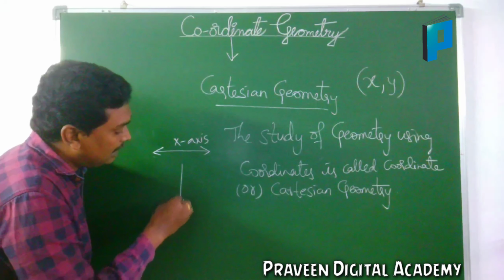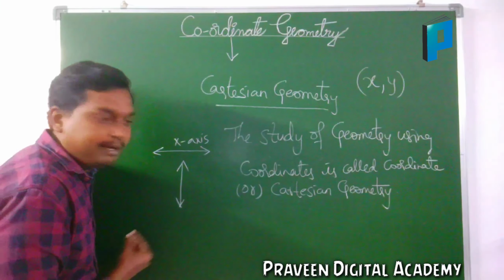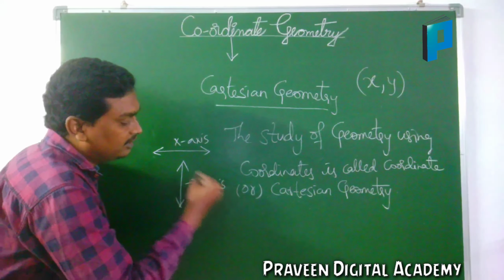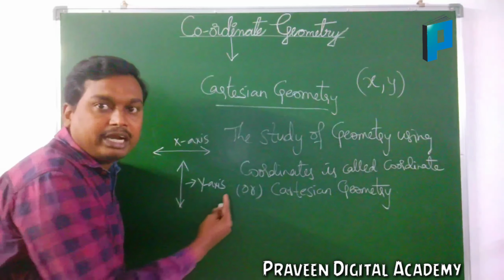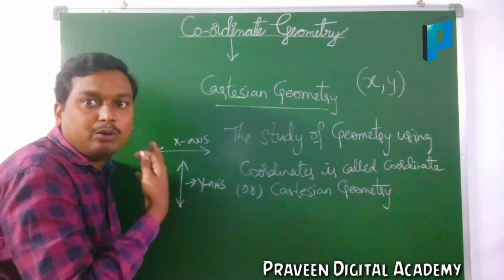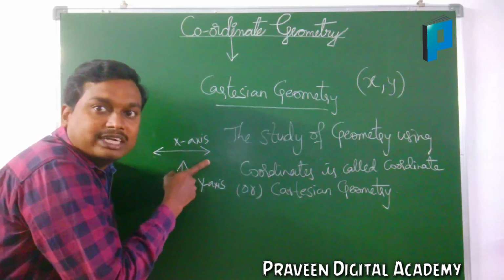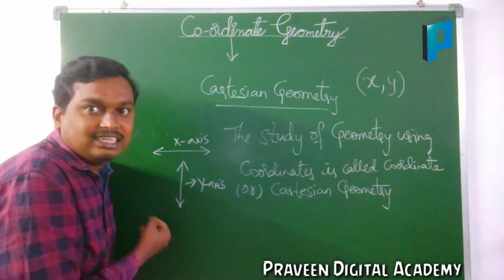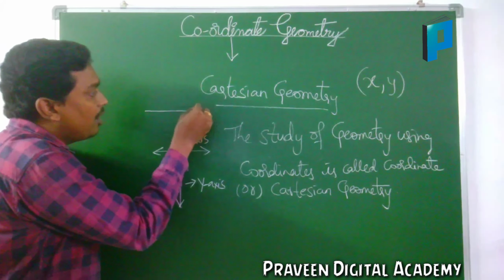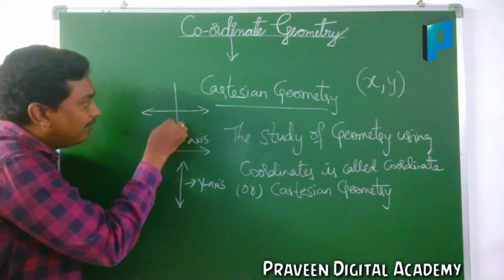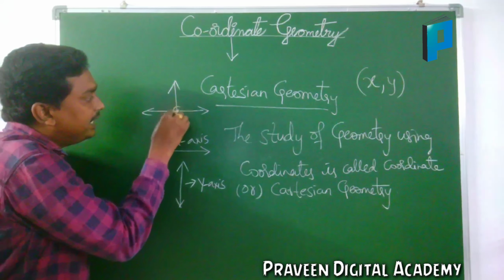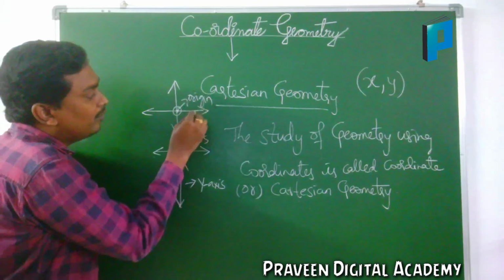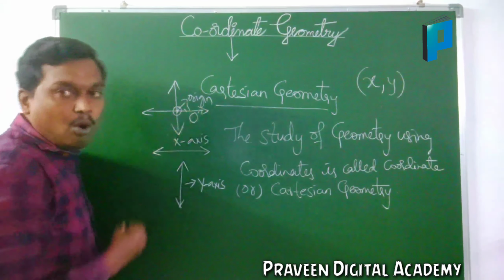The vertical line in the coordinate plane is called the y-axis. Where the horizontal line and the vertical line meet is called the origin, and the origin is always represented with a capital O.